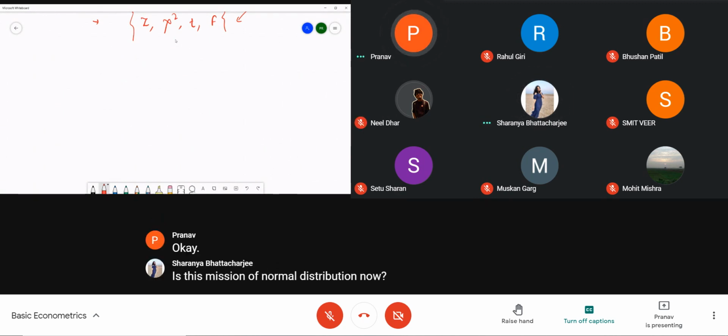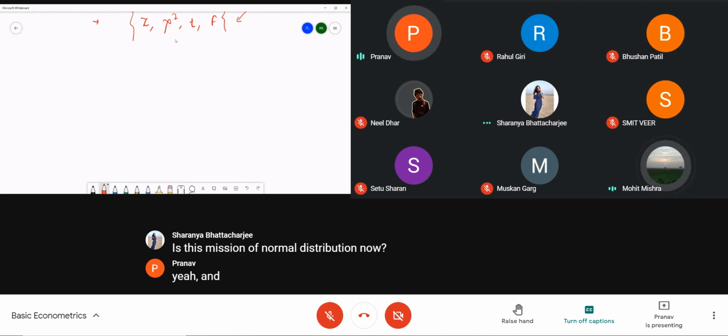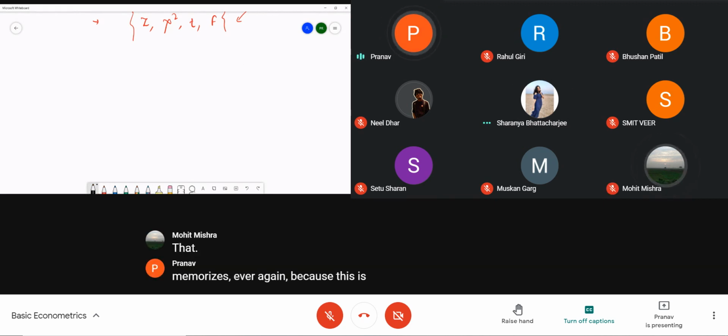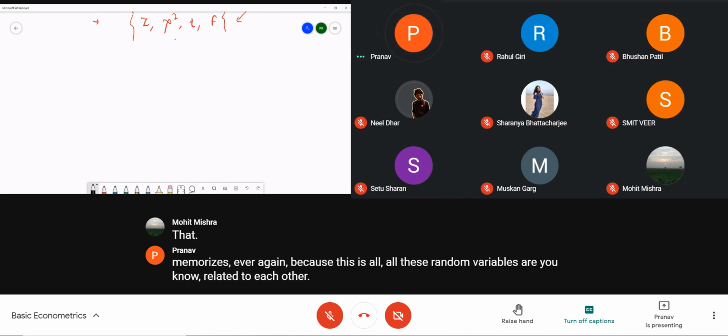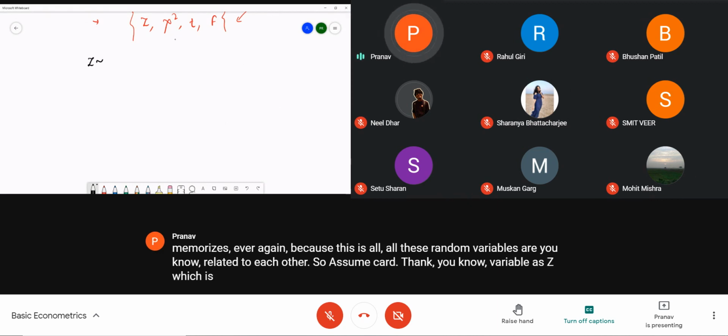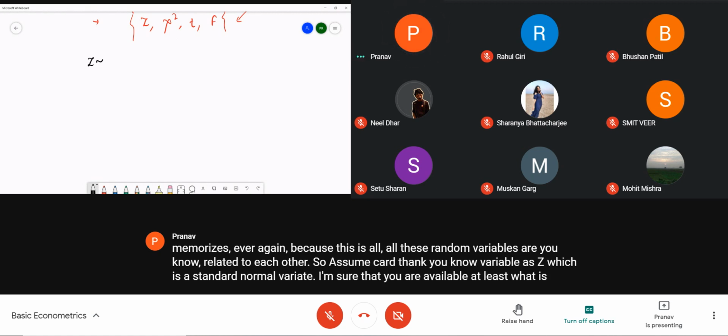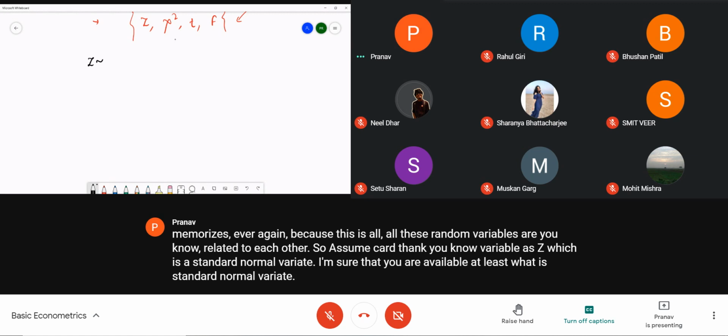Correct. Yeah. And let us see, you need not memorize this ever again, because this is how all these random variables are related to each other. So assume करते हैं कि आपका एक variable है Z, which is a standard normal variate. I'm sure that you are aware at least what is standard normal variate. Standard normal variate mean 0, variance one.